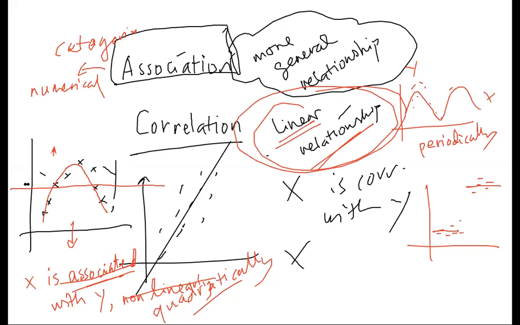So the best fit will actually be a flat line like this. If you never check the plot, the computer software will tell you the correlation is some value close to zero, and then you would believe that X and Y are not related. Which is wrong, because it is related, but not linearly.